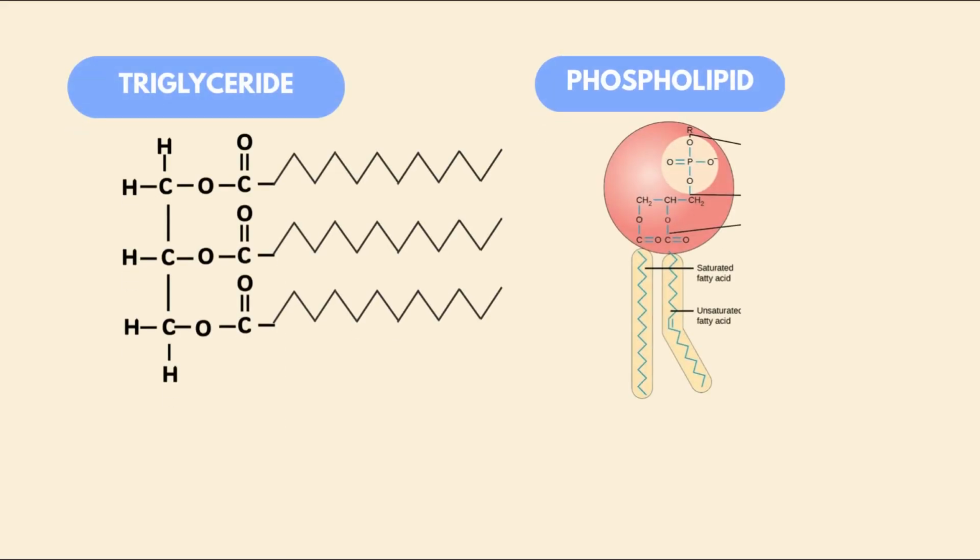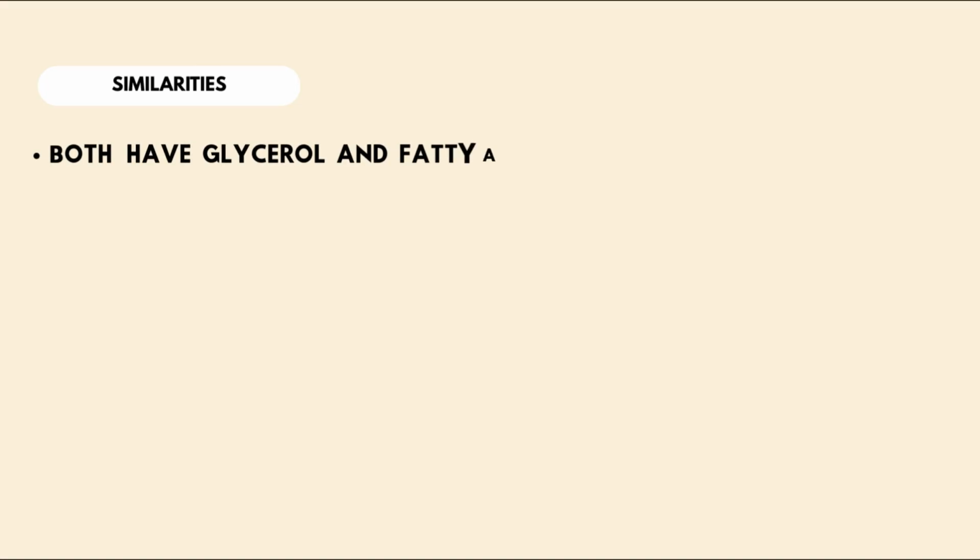From what we have already learned, the structure of both triglyceride and phospholipids are quite simple. Now you can write for similarities. Both triglycerides and phospholipids contain glycerol and fatty acids. They also both have ester bonds, so you need to mention that.